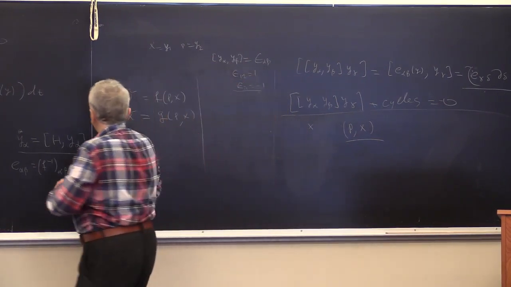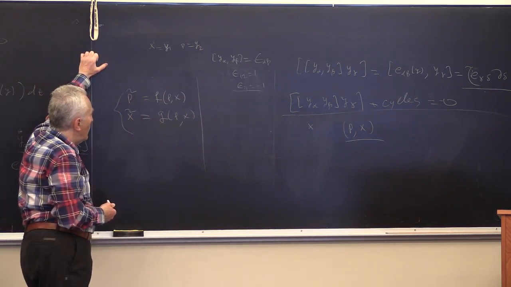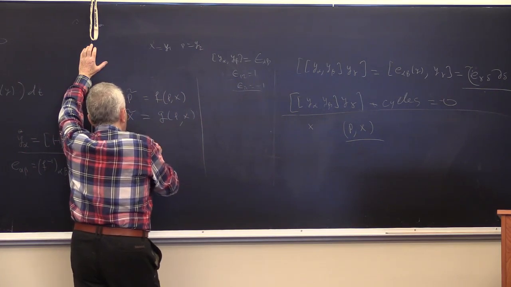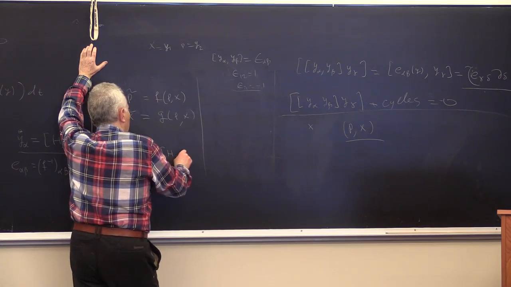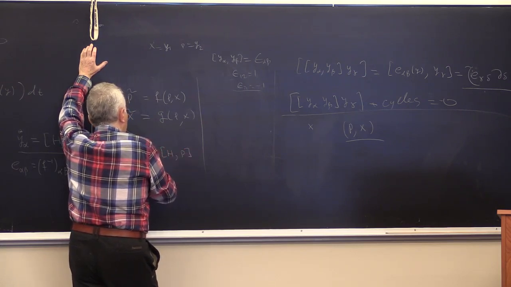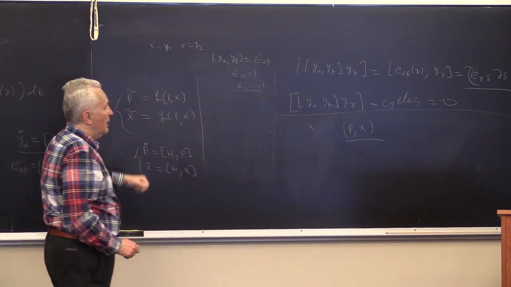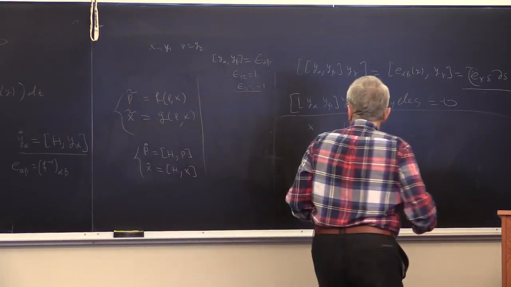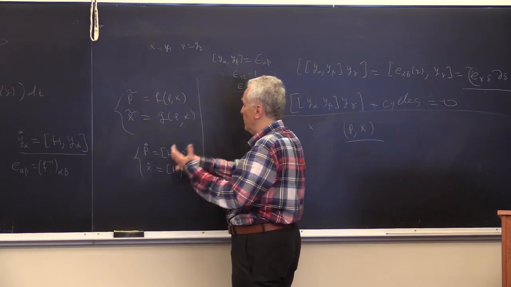So now we want to find the condition under which, in the original variables, p dot was equal to h_p, and x dot was equal to h_x. Now we change variables. What do we need to preserve this form? Probably with a new Hamiltonian.